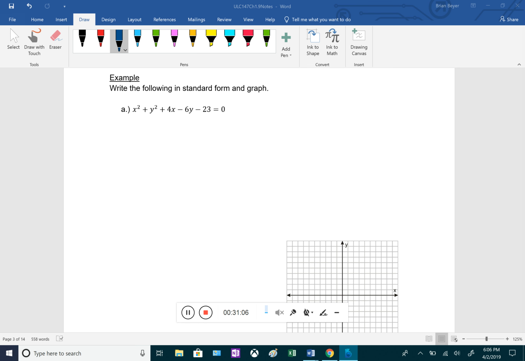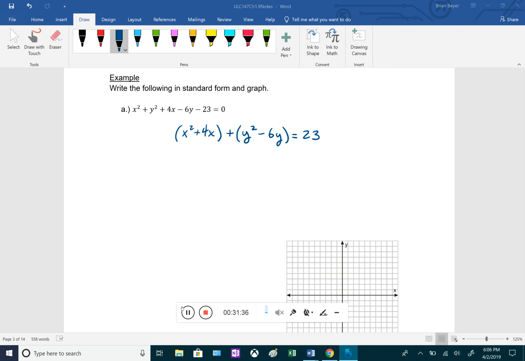Rewriting this with the x's next to each other, x squared plus 4x, in parentheses, plus, don't forget that plus because all we're doing is rearranging, we're not changing anything, y squared minus 6y, and then the constant goes on the other side, so we add 23 to both sides. We did not change anything, all we did was rearrange the terms here.